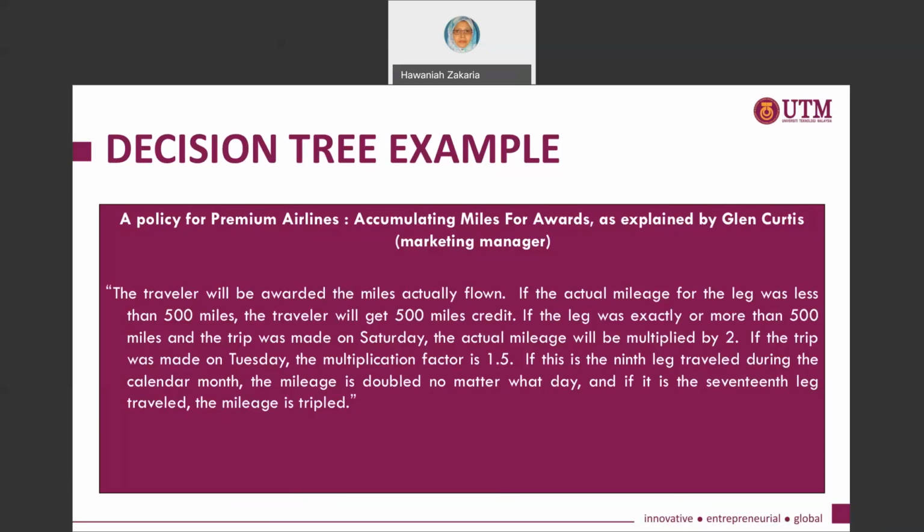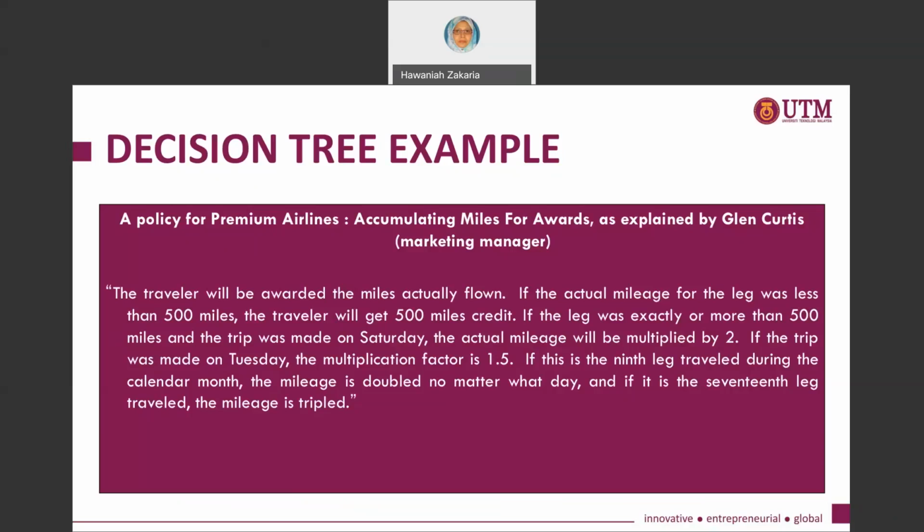So this is one condition. If the leg is less than 500, what action is taken? The traveller will get 500 miles of credit. So that's how you go about it when you are given a situation, in identifying the conditions and actions.